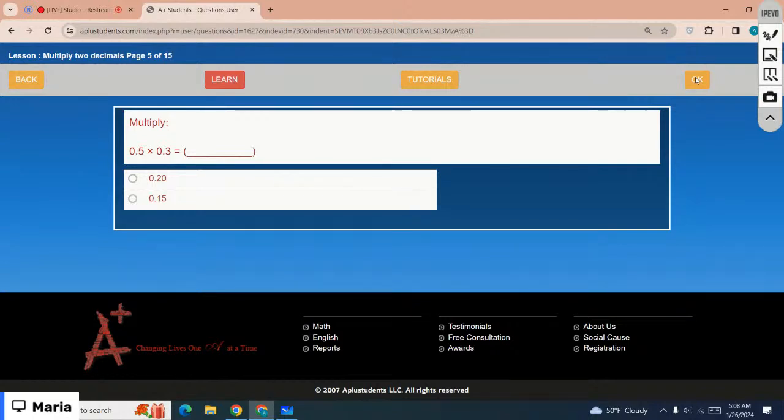Which is the correct option? 0.3 times 0.5. Which option is the correct one? Yes, that is 0.15. Option number 2 is the correct option.